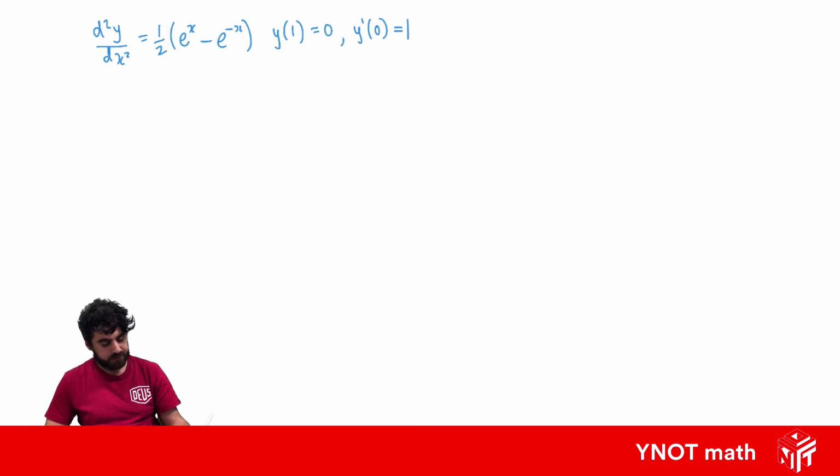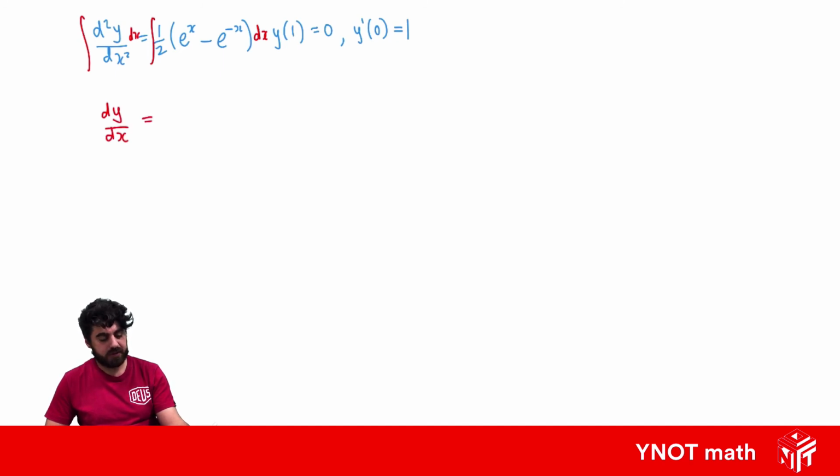So here we want to integrate both sides with respect to x. So integrating this side with respect to x and integrating this side with respect to x. Integrating our second derivative is going to give us our first derivative, so we get an expression for dy dx.